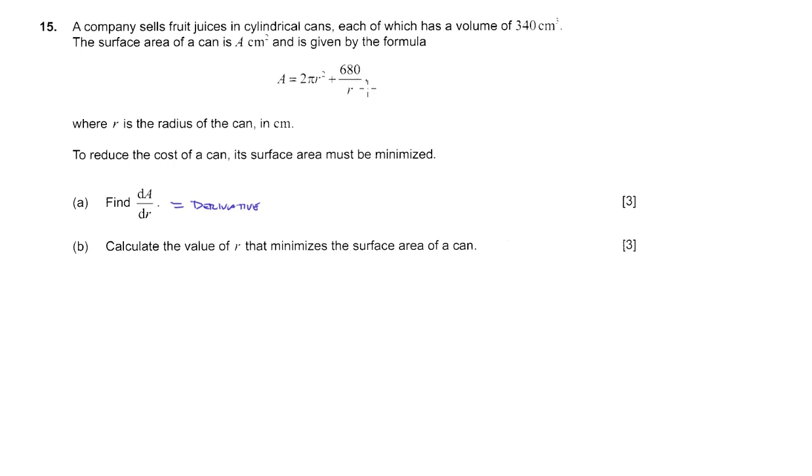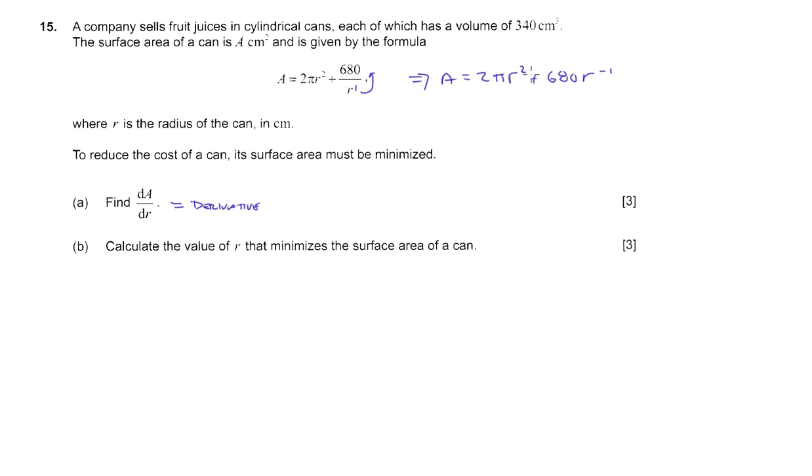Remember to find the derivative the nice easy way. We can't have the fractions. We got to move that r up to the top. So this is A equals 2 pi r squared plus 680 r to the, since it's r to the first on the bottom, it's going to turn into r to the negative first on the top.